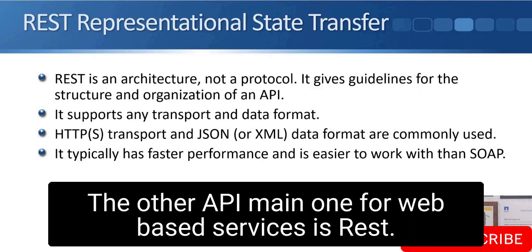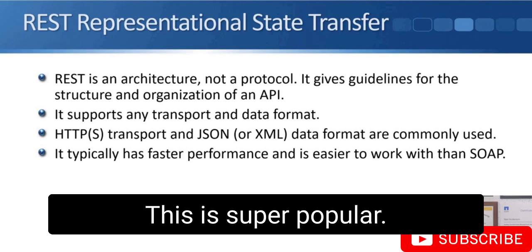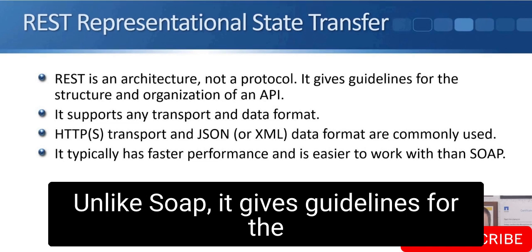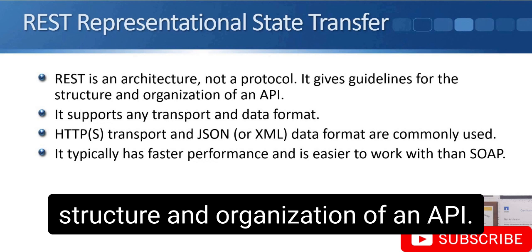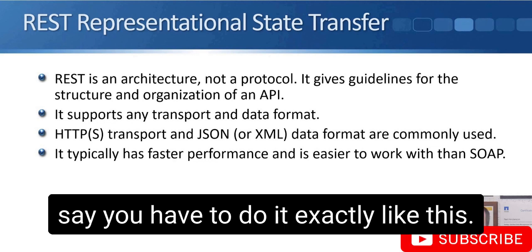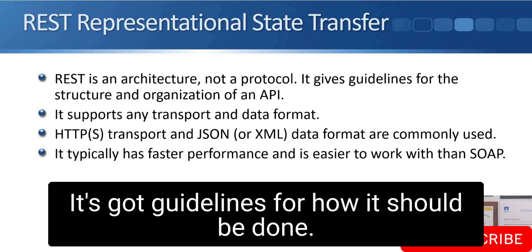Okay, the other main API for web-based services is REST. This is super popular now. REST is an architecture, not a protocol, unlike SOAP. It gives guidelines for the structure and organization of an API. So because it's an architecture, not a protocol, it doesn't say you have to do it exactly like this. It's got guidelines for how it should be done.